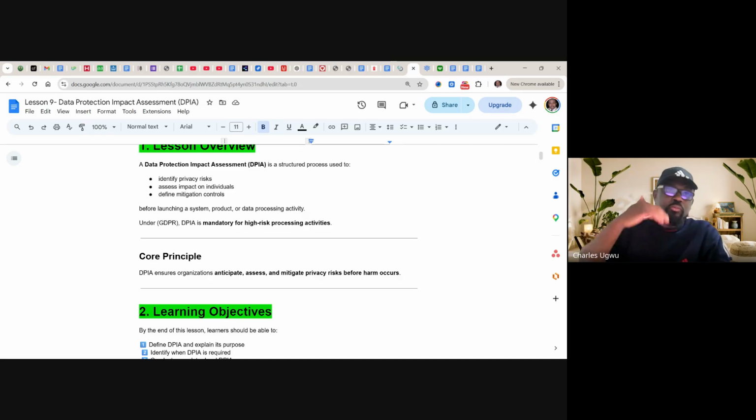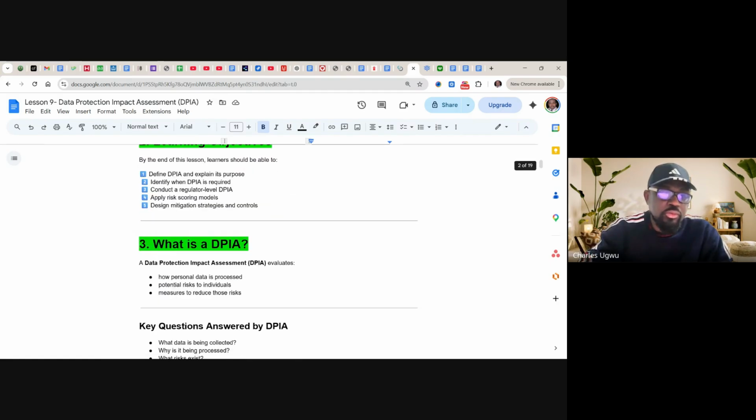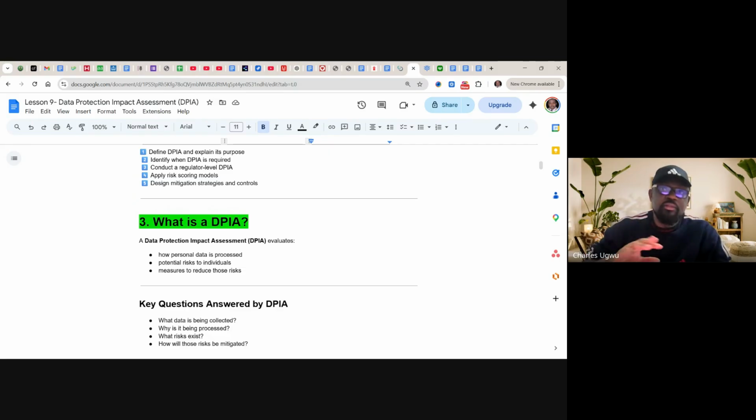So you're being proactive, and that is what data protection impact assessment means. You anticipate, assess, and mitigate risk before harm occurs. That is the main core principle of data protection impact assessment.